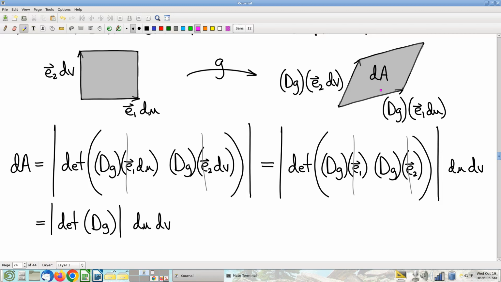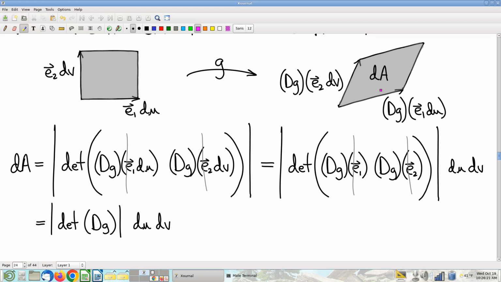The image will be a three-dimensional, not parallelogram, but parallelepiped. And these vectors are the images of those vectors by the derivative transformation, standard basis vectors, and all that. And the argument goes through analogously.